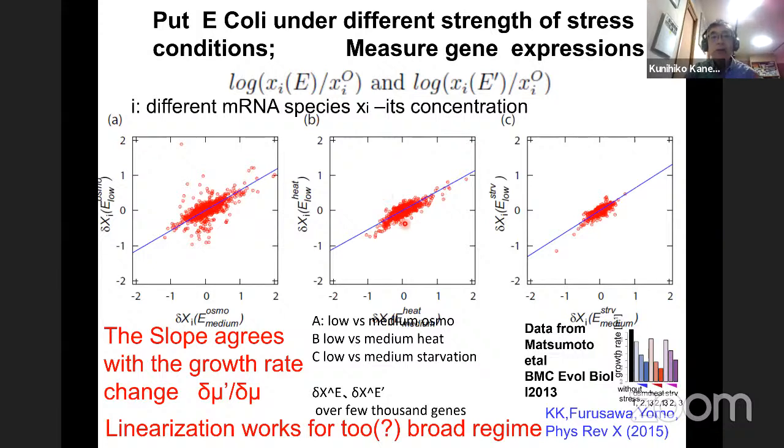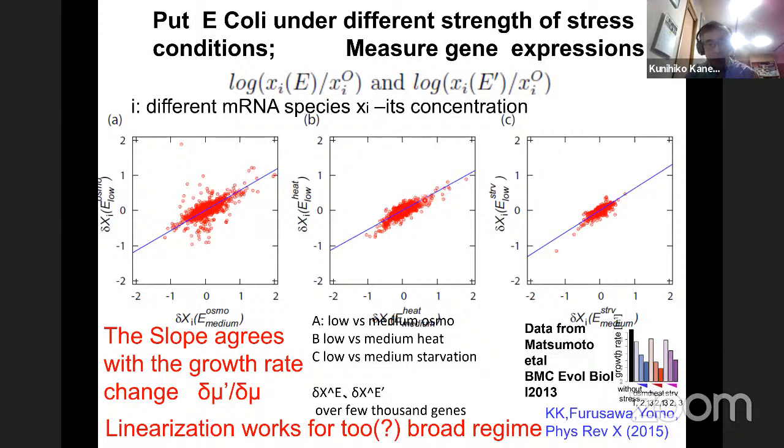They measure the change of log x_i from the original to this and from the original to this, and check log x_i for E against log x_i for E prime across all i. Here i is a different messenger RNA species, so each point here is a different messenger RNA species.